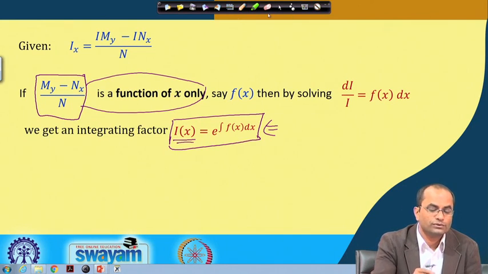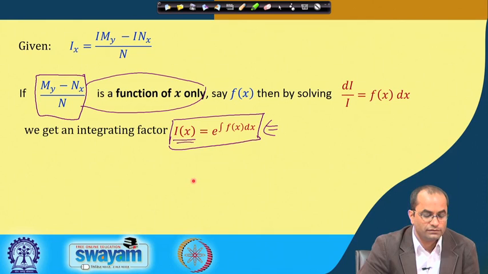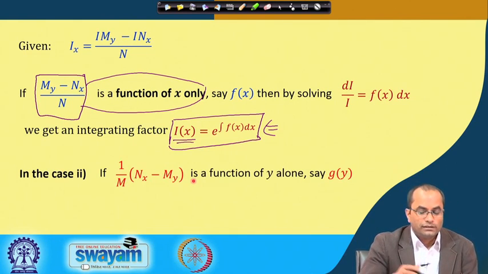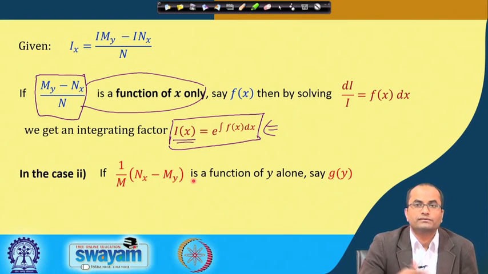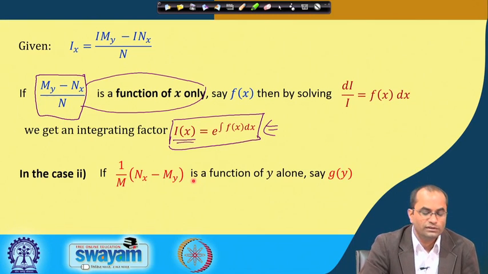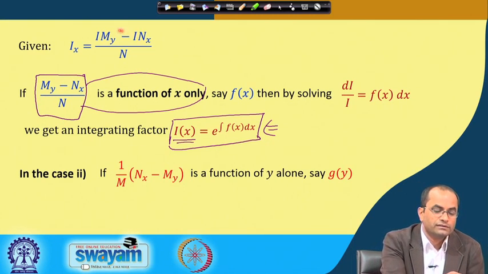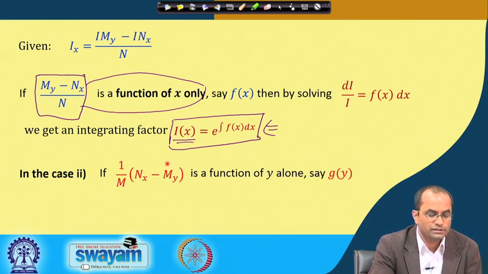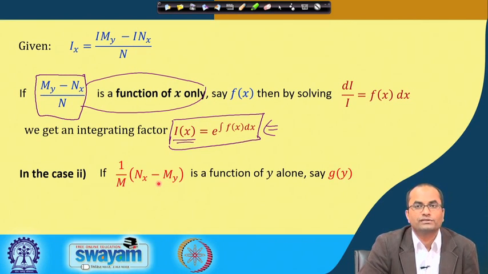Now, the other case we can also deal with, which we have just stated before, in case 2, when we assume that the integrating factor I is a function of y alone. In that case again such a differential equation will be formed, and for the consistency of this differential equation we get the condition that 1 over M times (N_x minus M_y) is a function of y alone.